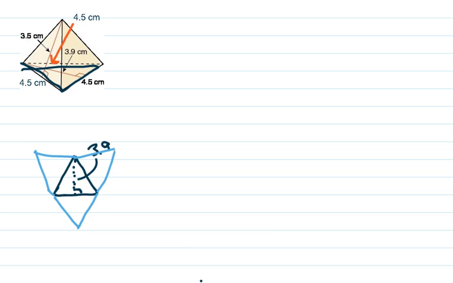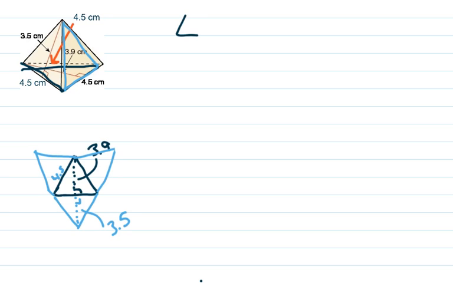Each of these triangles has a side length of 4.5 for their base, and their heights are shown to be 3.5. And again, these pictures are often really tough to read, which is why I don't really like using the net method for these.